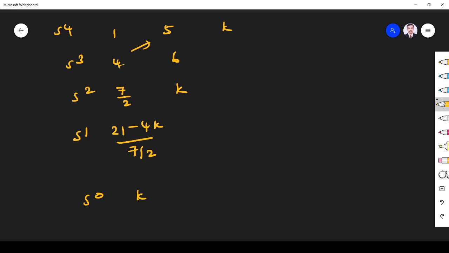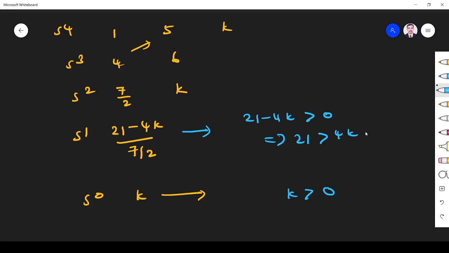This indicates for a stable system, the first column should be positive. So k must be greater than 0. This indicates 21 minus 4k must be greater than 0. This indicates 21 must be greater than 4k. So k must be less than 21 by 4.